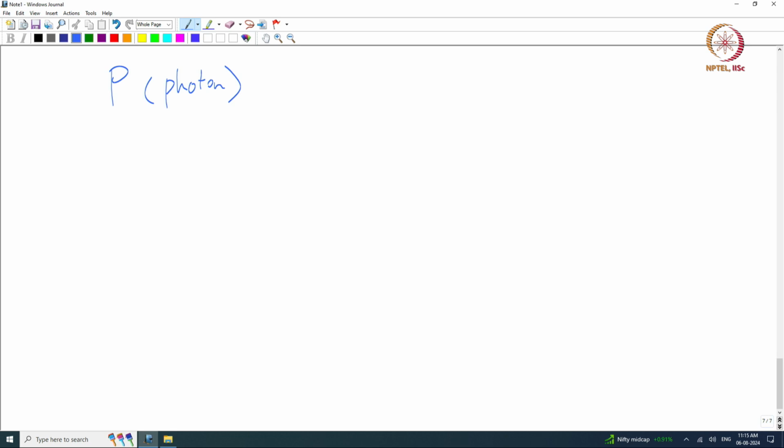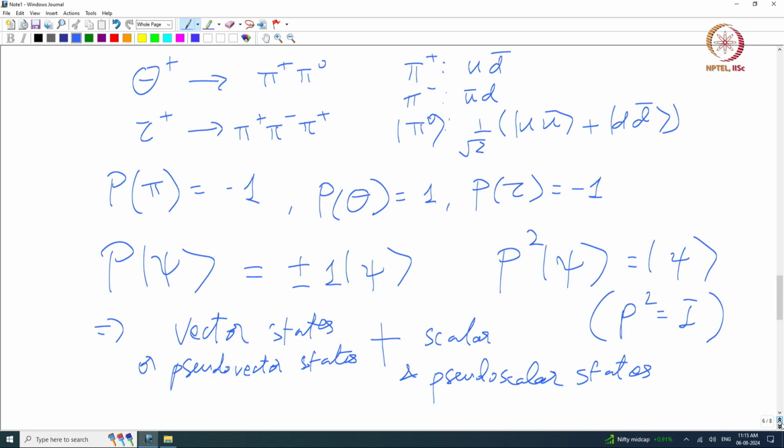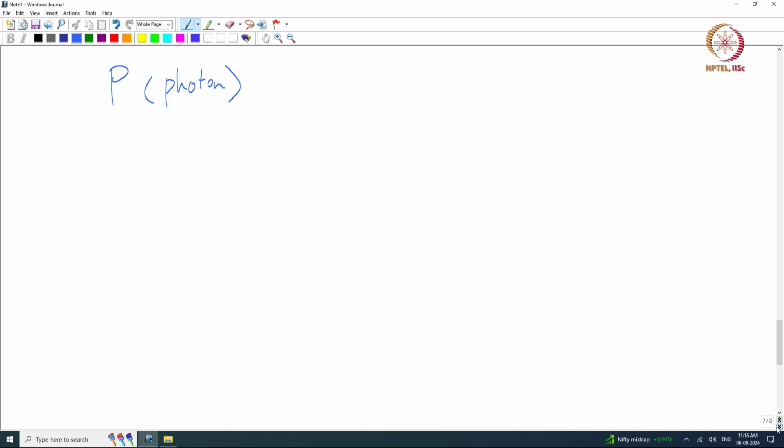No. How can it be? We just saw that it cannot be 0. We just saw that the eigenvalues are either +1 or -1. +1. So what is your reasoning behind +1?